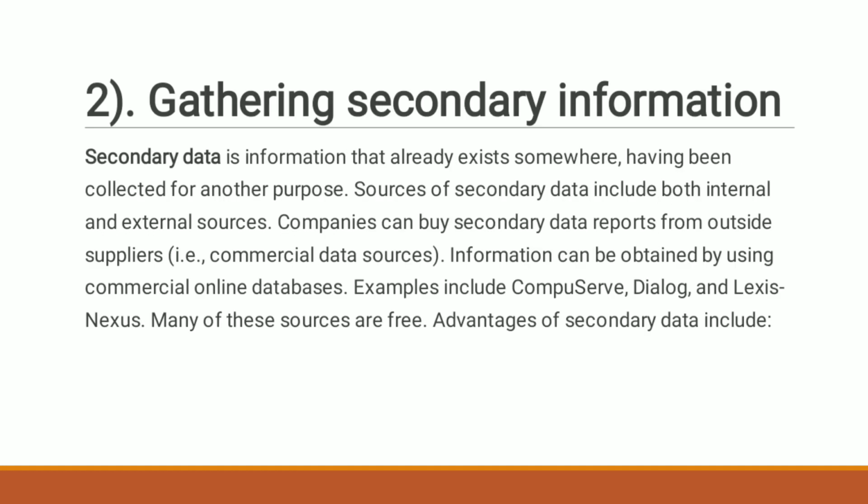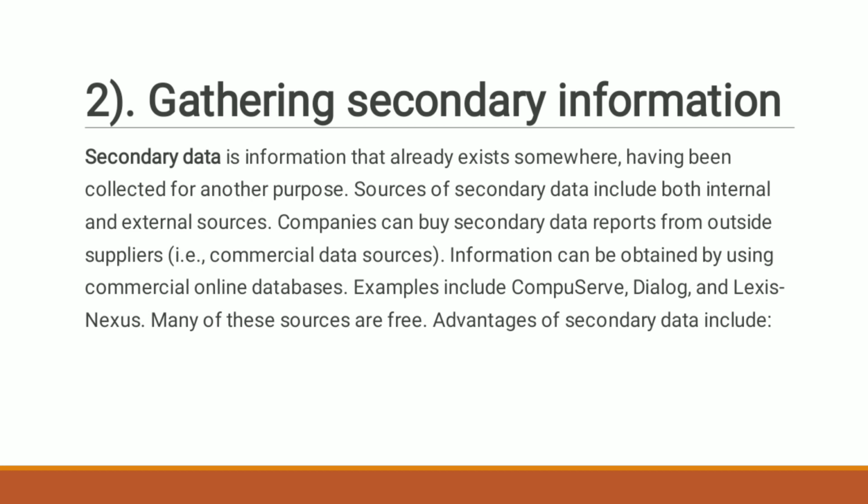Gathering secondary information. Secondary data is information that already exists somewhere, having been collected for another purpose. Sources of secondary data include both internal and external sources. Companies can buy secondary data reports from outside suppliers and commercial data sources. Examples include CompuServe, Dialog, Lexis, and Commercial.